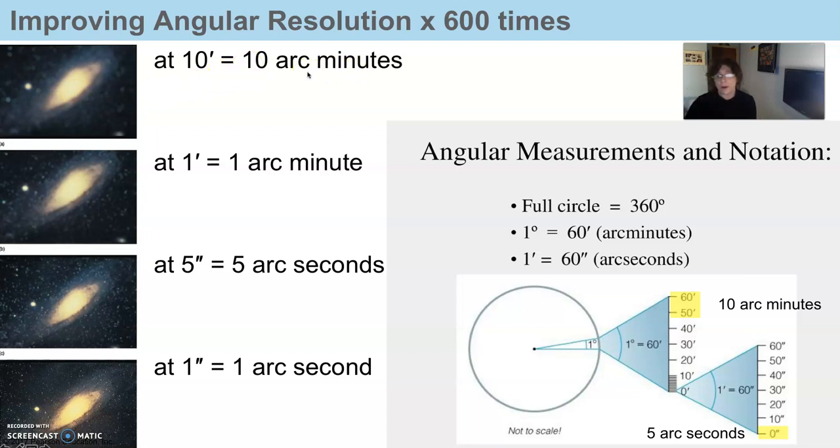Let's go over what an arc minute is. If there are 360 degrees to a circle, then each of those degrees, and this is not to scale, this 1 degree can be moved from a degree into a minute, much like a clock. Okay, so this can be moved into 60 minutes.